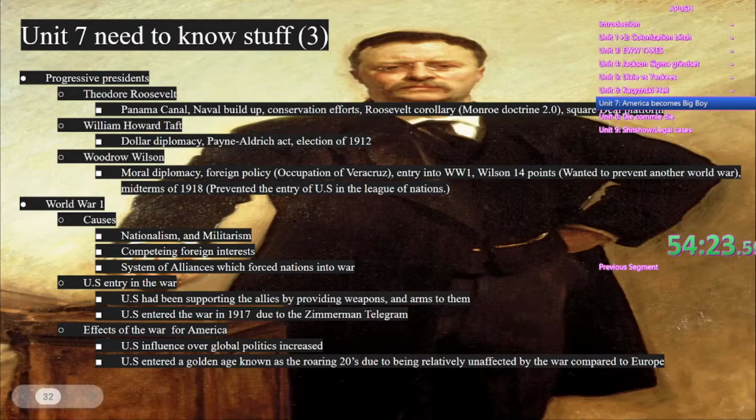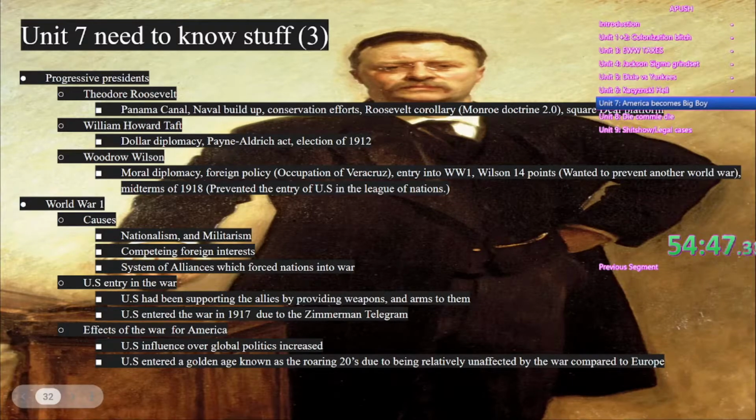World War I, just to go over the causes, was caused by European ethnic nationalism and European militarism, competing foreign interests of European empires, and a system of alliances between nation states that forced nations into war when one nation declared war on another. Now, U.S. entry in the war.